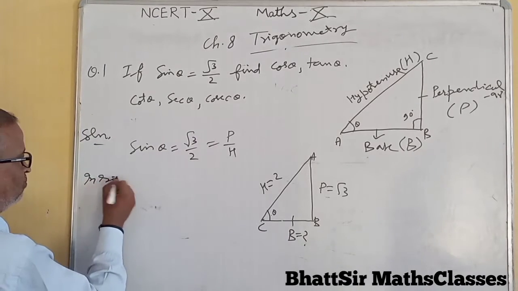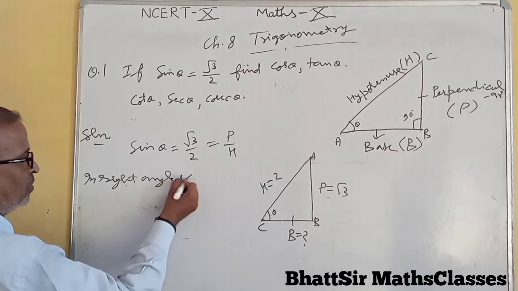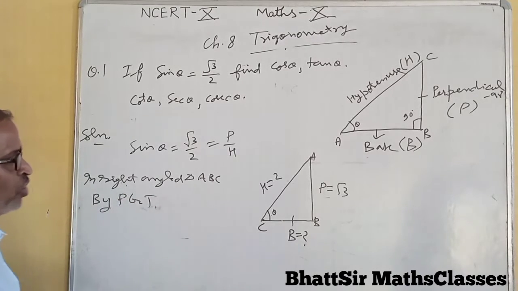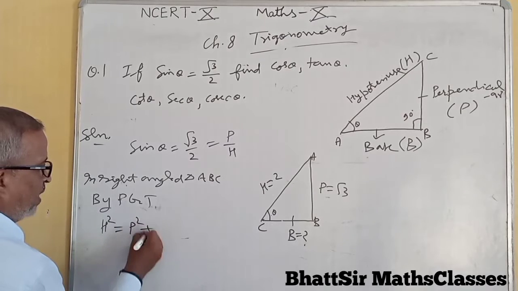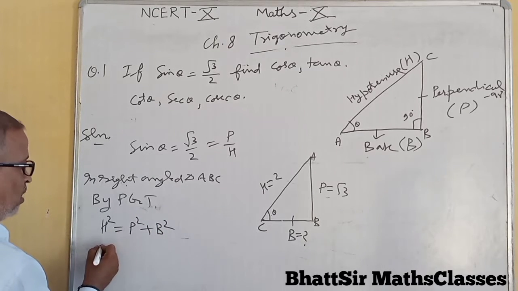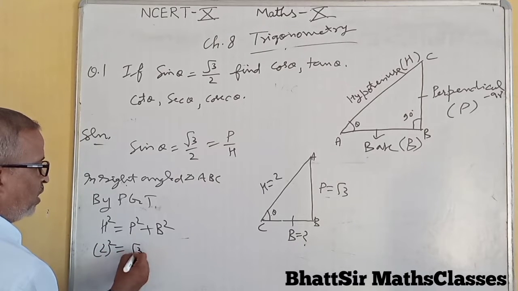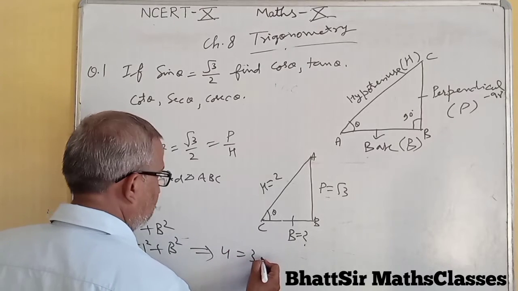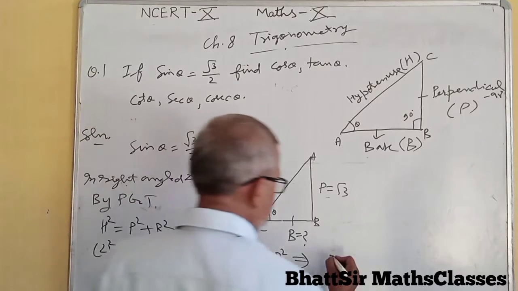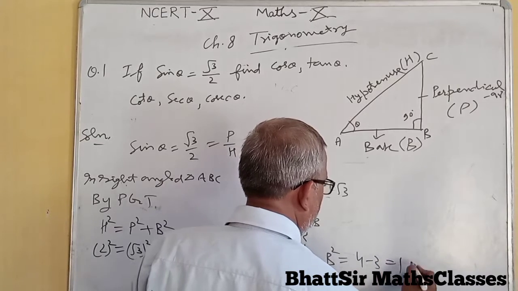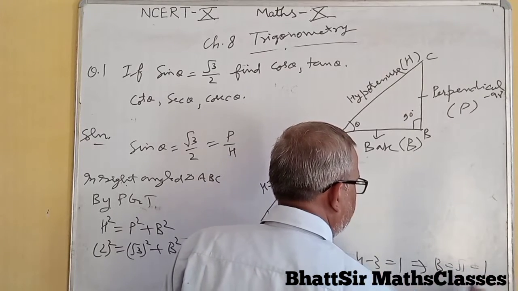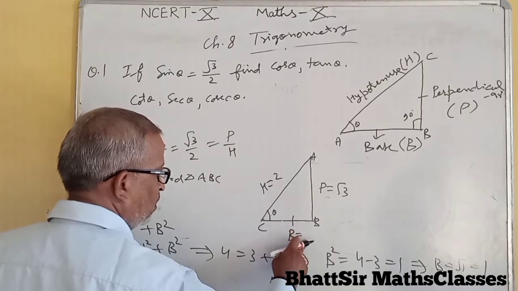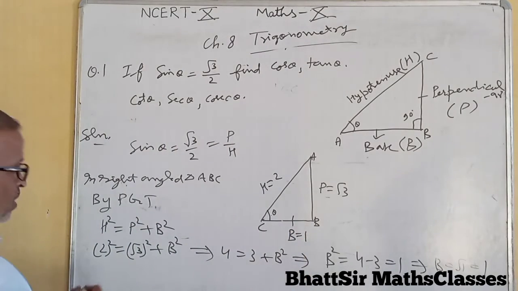In right angle triangle ABC, by PGT, H square equal to P square plus B square. 2 square equals under root 3 square plus B square, implies 4 equals 3 plus B square, implies B square equal to 4 minus 3 equal to 1, implies B equal to under root 1 equal to 1. So base equal to 1.